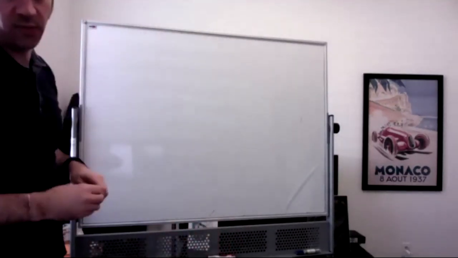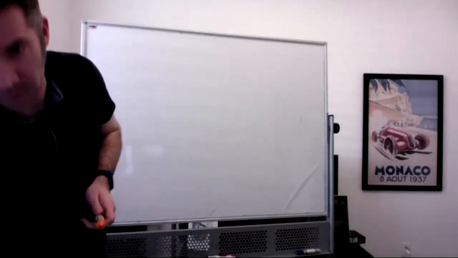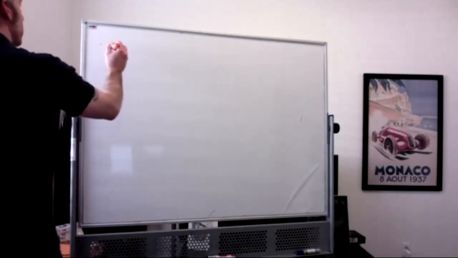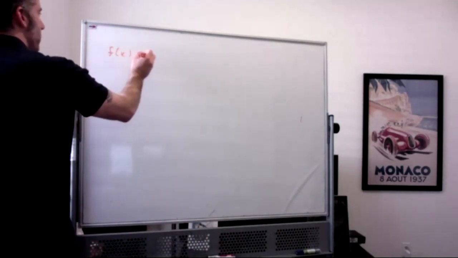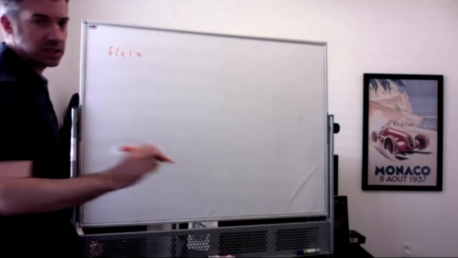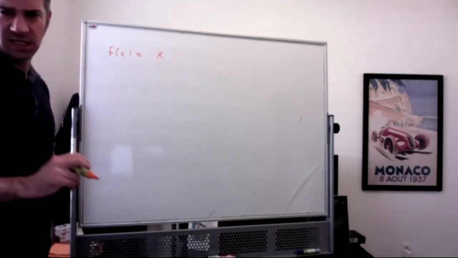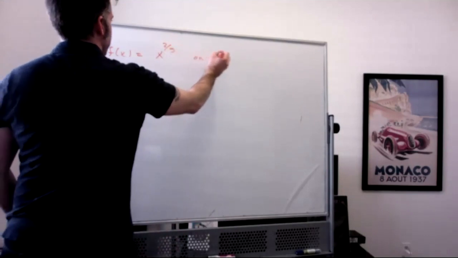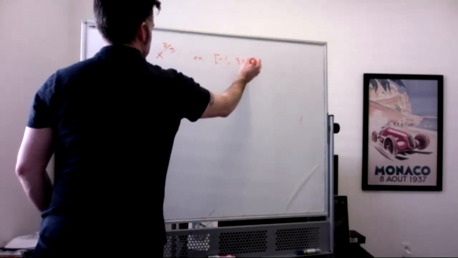Let's look at one more example of absolute extrema. So let's look at this. Let's say we have the function f of x equal to x to the 2/5 on the interval from -1 to 32.